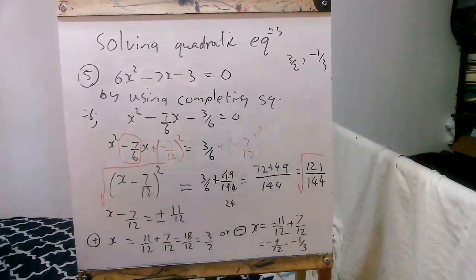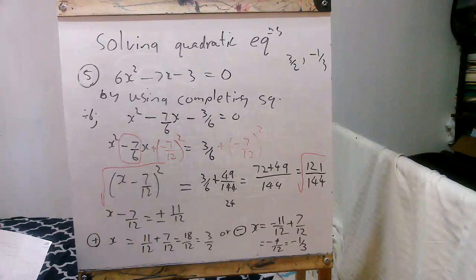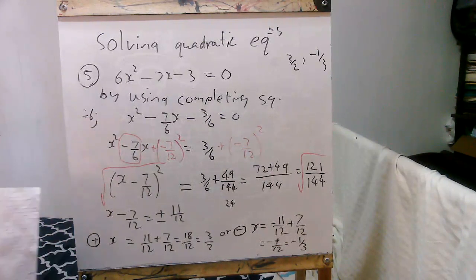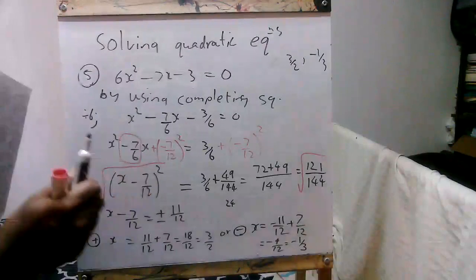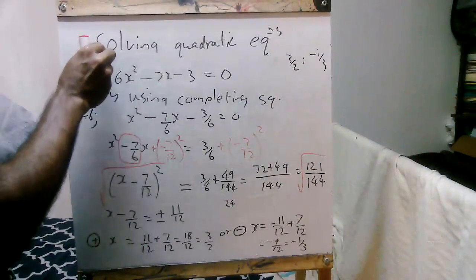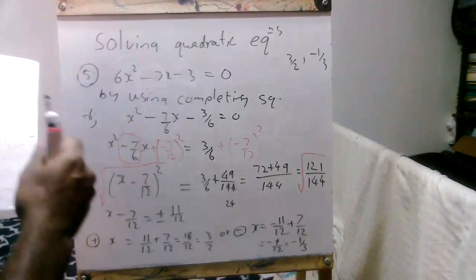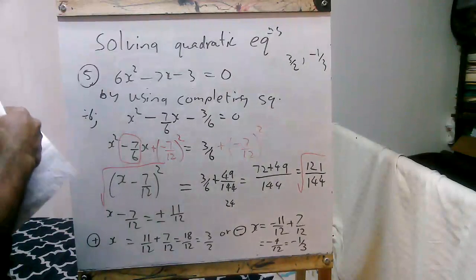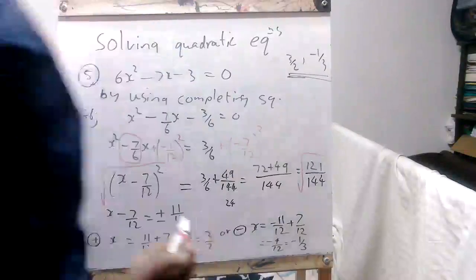Again we get the same answer, right? Okay, we solved the same quadratic equation by 3 different methods and we end up getting the same answer, right?